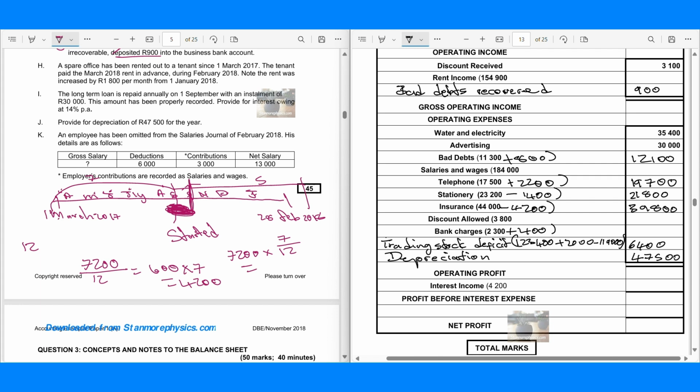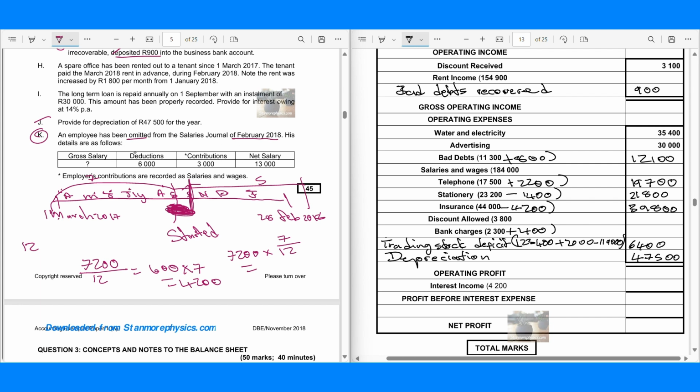47,500. So now they are saying we are done with this adjustment. K. An employee has been omitted, meaning they forgot, right, from the salaries journal of February 2018. His details are as follows. So now we need what? They gave us contributions, right?